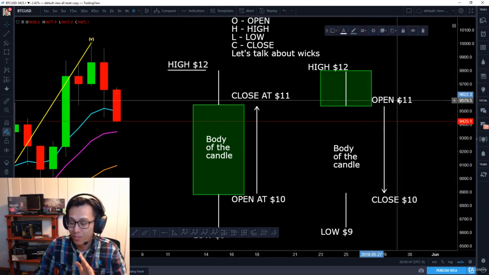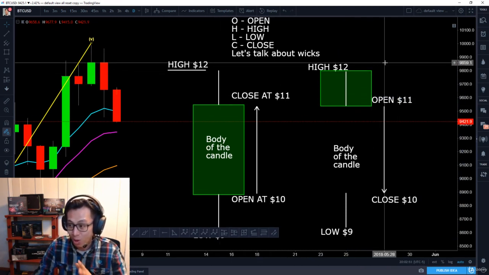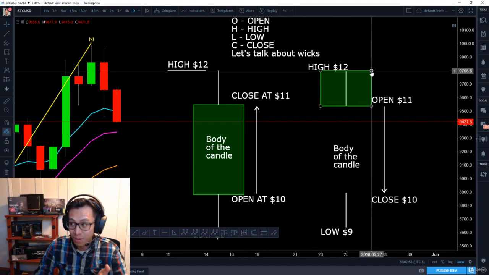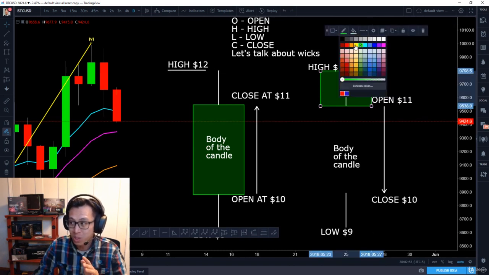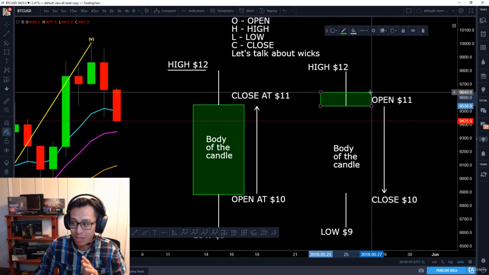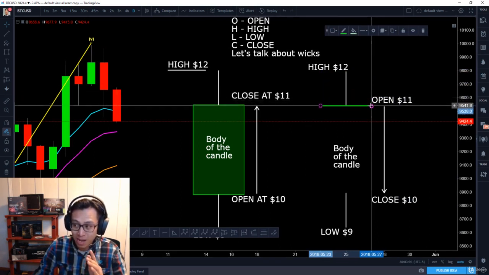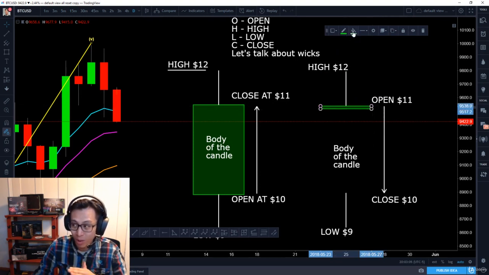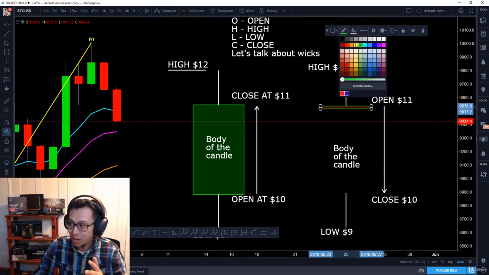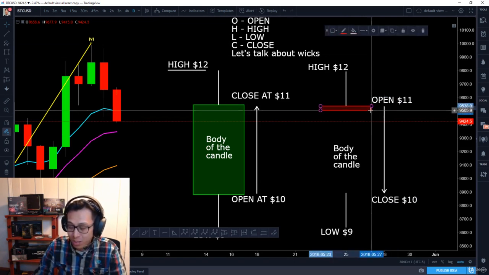So the open would have been $11, and if it had finished there, then the close would have been $12. But because the bulls could not sustain it, it gets green, green, green, and now the bears push it back down. When it gets past the point that it actually opened, that is where the candle will start to turn red. Okay?